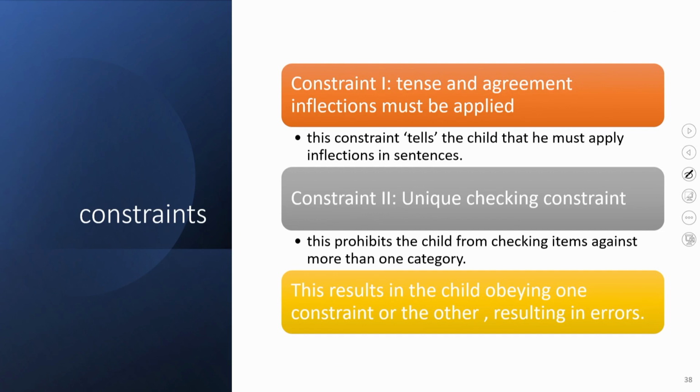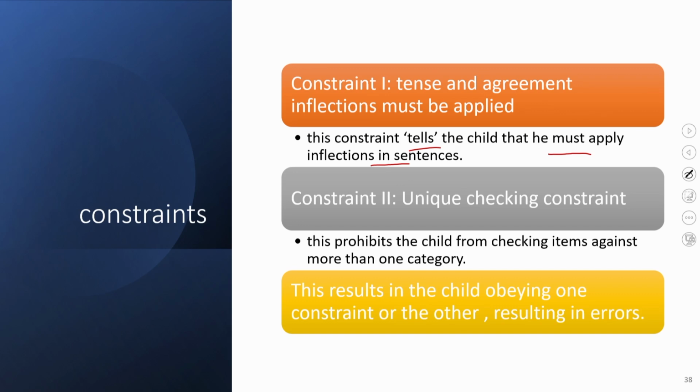This constraint tells the child that tense and agreement must be marked in the language, because these are important criteria. It guides the child to understand that he must apply inflections in sentences, specifically in case of, let us say, tense and agreement markers.